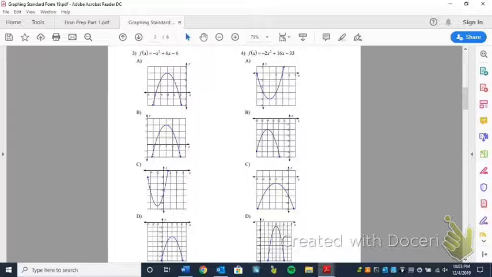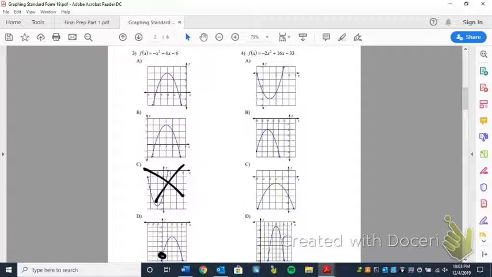So number 3, we know that it faces down because A is negative, so we can immediately get rid of C. We also know that the y-intercept is at negative 6.